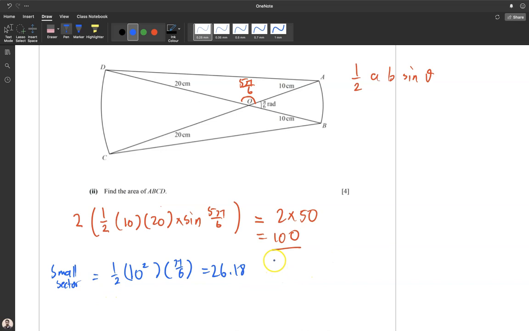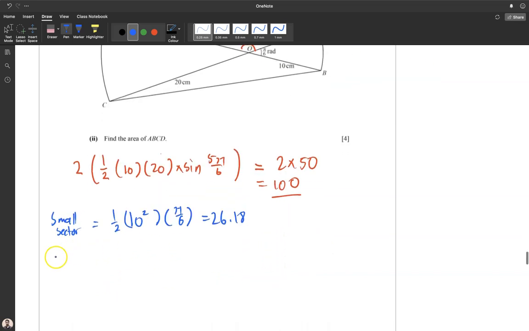Then let me calculate the large sector. I'm looking at areas here. So half, same thing, but the only difference is the radius length is different. This gives 104.72. So we have 3 different items that we wanted.